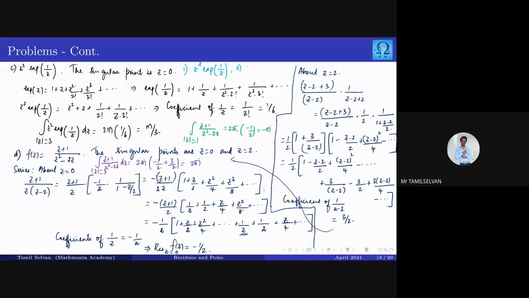The second one is z to the power r, exponential of s upon z. This is the second modification. Just try out these 3 problems, that is enough.